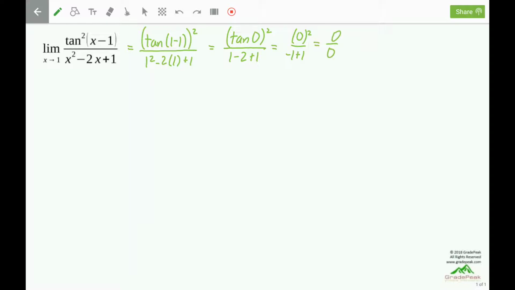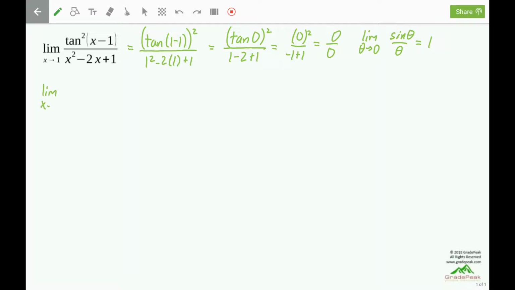We have the 0 over 0 indeterminate form resulting from trig functions with power functions, which means we can make use of the identity: limit as theta goes to 0 of the sine of theta divided by theta equals 1. In order to make use of that identity, we have to rewrite any non-sine and cosine functions into sines and cosines.